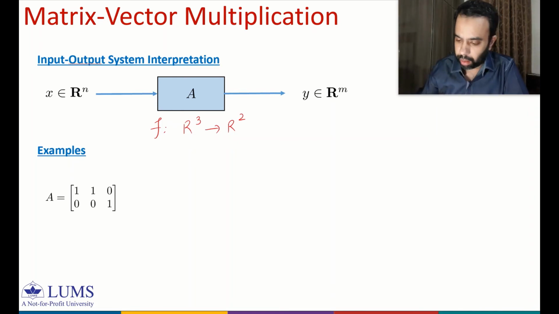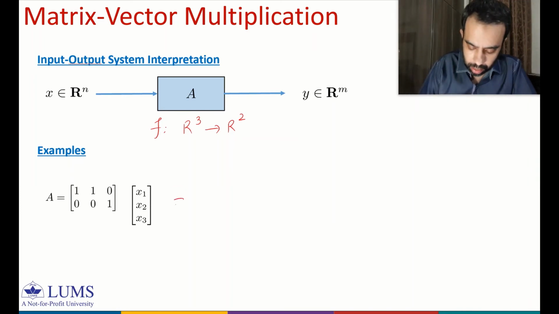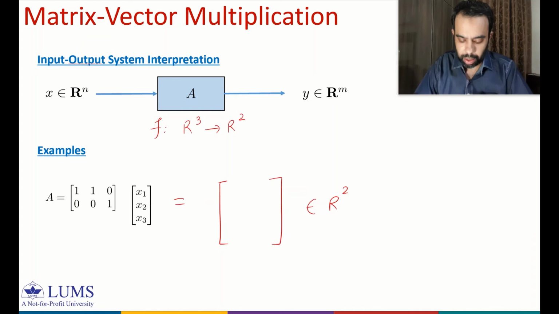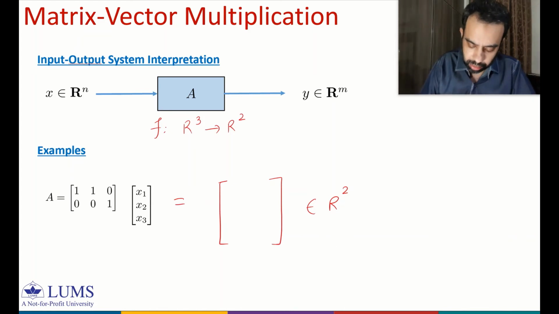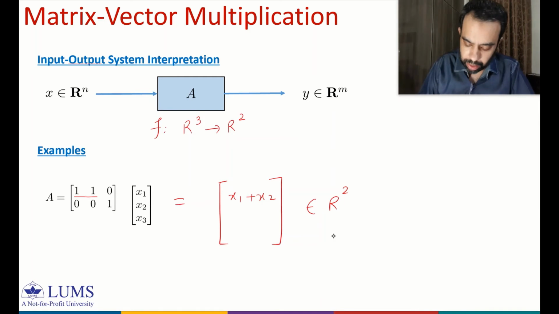So if this matrix A is multiplied with x, what do you get? Y, and this y belongs to R2. So A times x would be, if you follow the definition of a matrix vector product, 1 times x1 plus 1 times x2 plus 0 times x3. So what you get is x1 plus x2, and you get the third component.